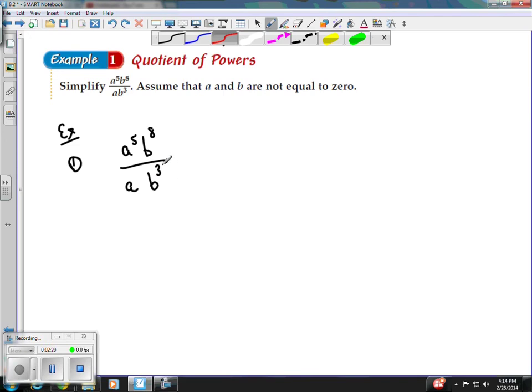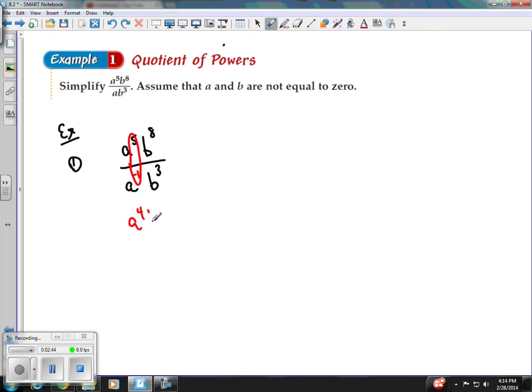But we don't have any coefficients to divide, so we skip on to our variables and their exponents. We have an a to the 5th on top. And technically down here, if I have an a, that means I have a to the 1st power, just that 1's hidden. And we subtract our exponents. So we do 5 minus 1 gives us a to the 4th.